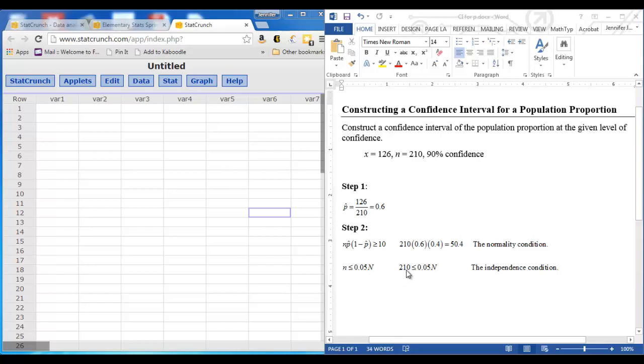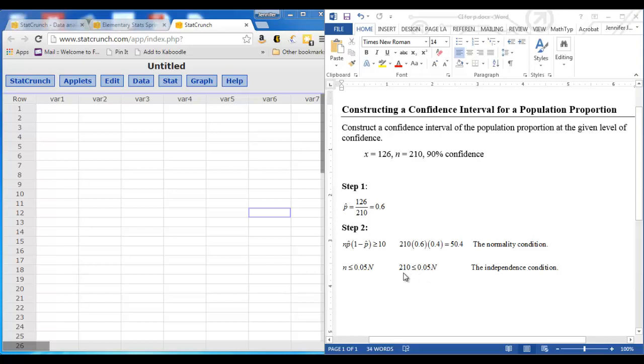We know our sample size is 210. We want that to be less than or equal to 5% of our population size. In our case, the population would be the total number of registered voters in Illinois. I don't know what that number is, but I am confident that if I were to take 5% of it, 210 would be less than that.